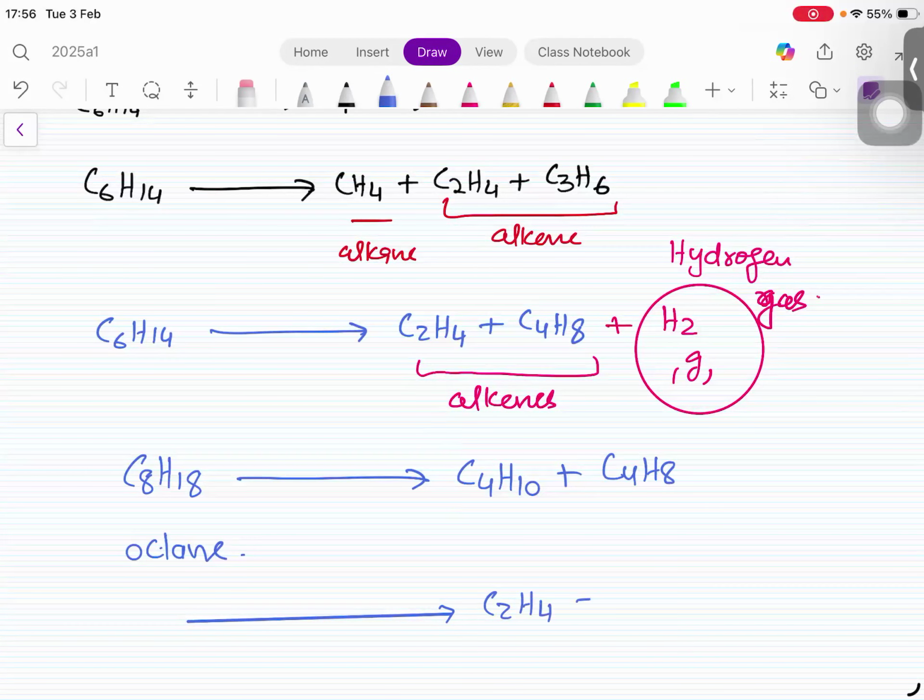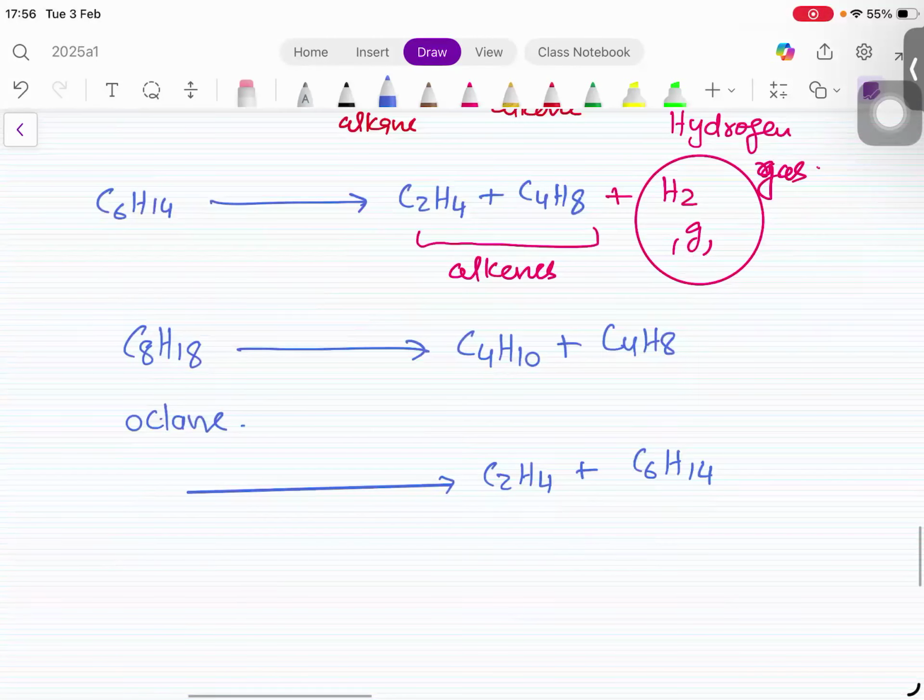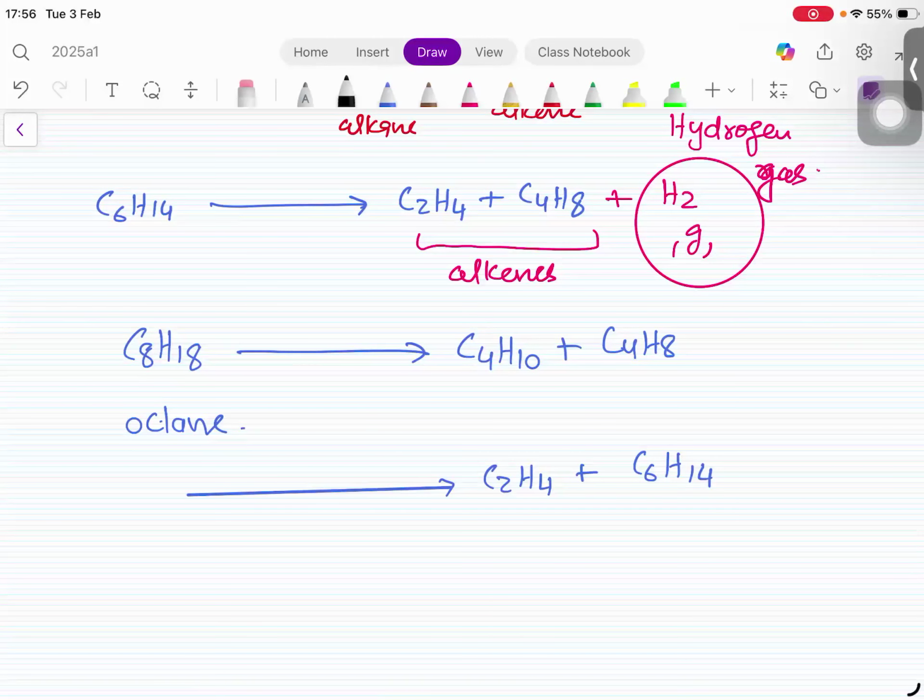C2H4, C6H12 plus... 2, 14. Excuse me, Hassan? Any two fragments. Okay, C5H12. It's an alkane. What is the other?